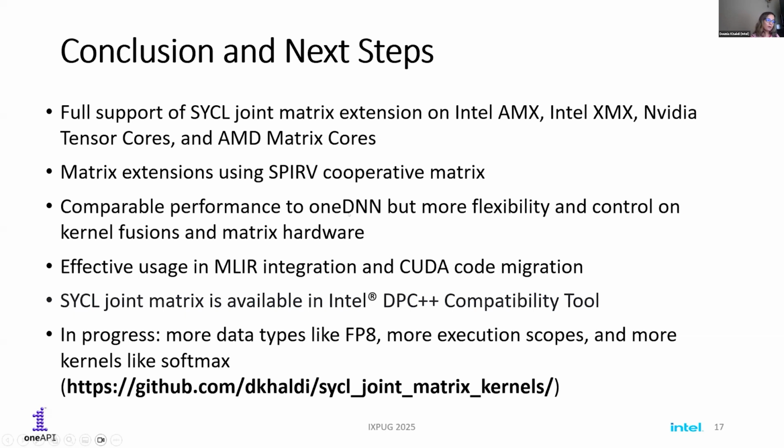We got comparable performance to oneDNN, and we are working on better results. We have some success stories, especially with CUDA migration. People migrate their code from CUDA to be able to run on all these different hardware. Yeah, and that's it.